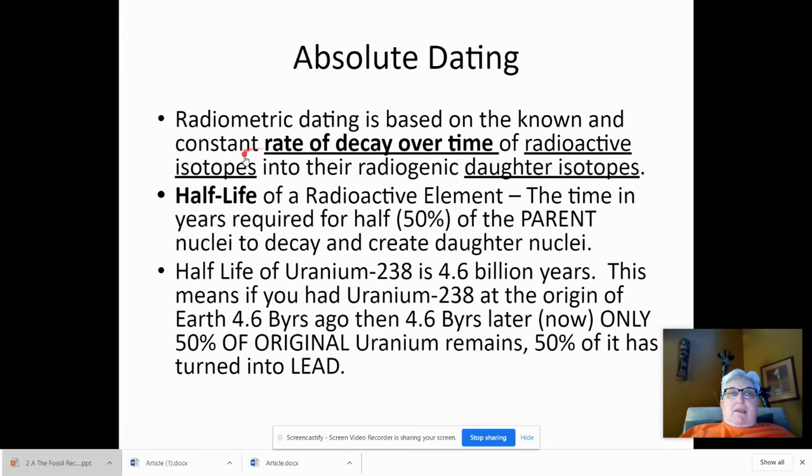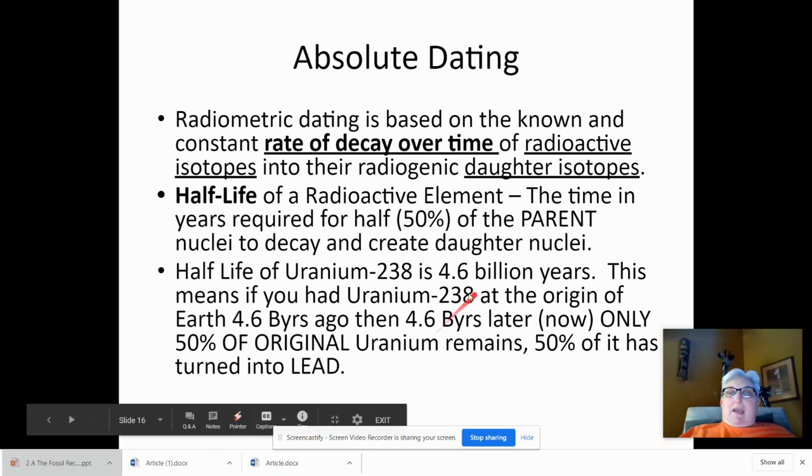With absolute dating, again, I mentioned earlier the half-life, how long does it take for half of something to decay away? And that's usually what we use for absolute dating. Now you see that uranium's half-life is 4.6 billion years.